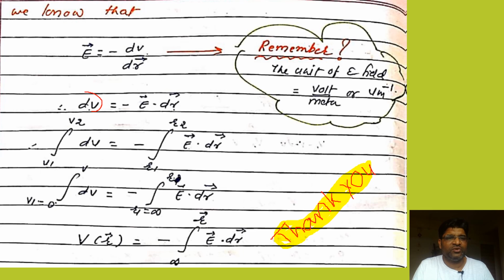This integration is over potential and here the integration is over distance, so your limits should be in potential and in distance respectively. So if we consider our initial position R1 at infinity, then the potential at this point is 0. Then from infinity, we bring the charge in the opposite direction of the electric field E by moving a certain distance.